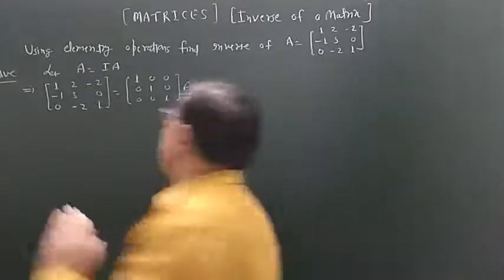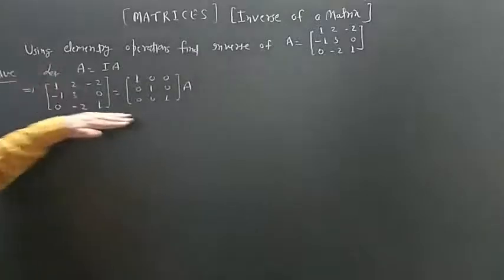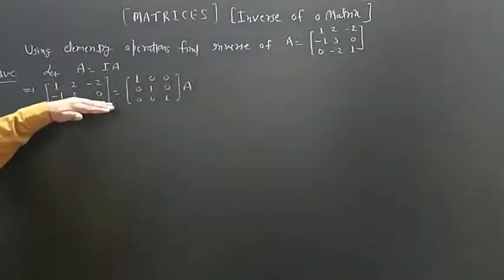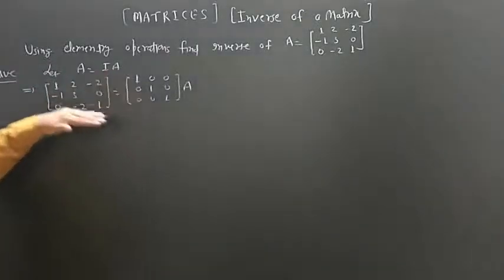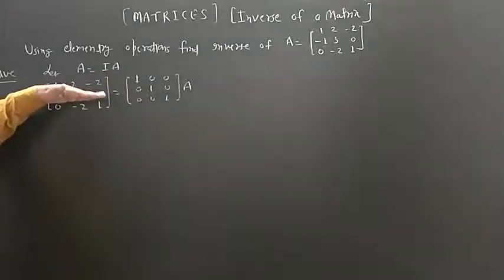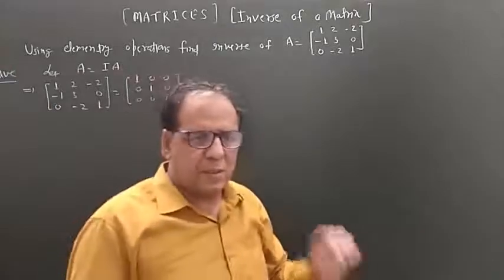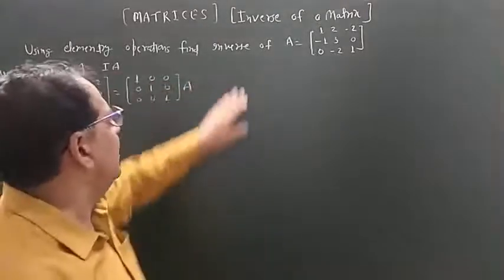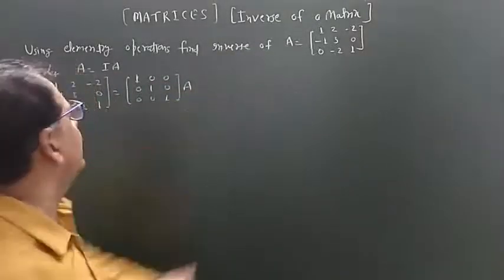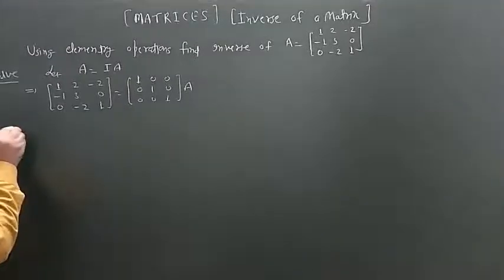If at any time during the operations any row of the matrix becomes 0, then our process is finished, and we can say the inverse of matrix A does not exist. Now start the solving.